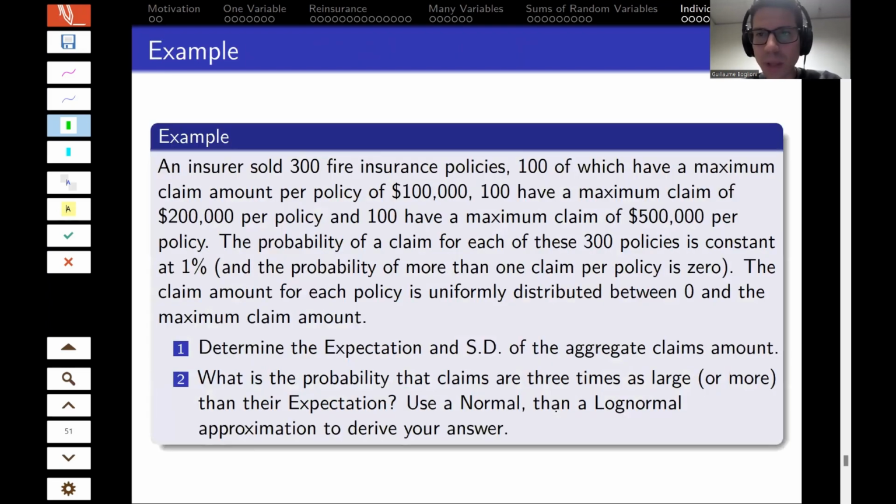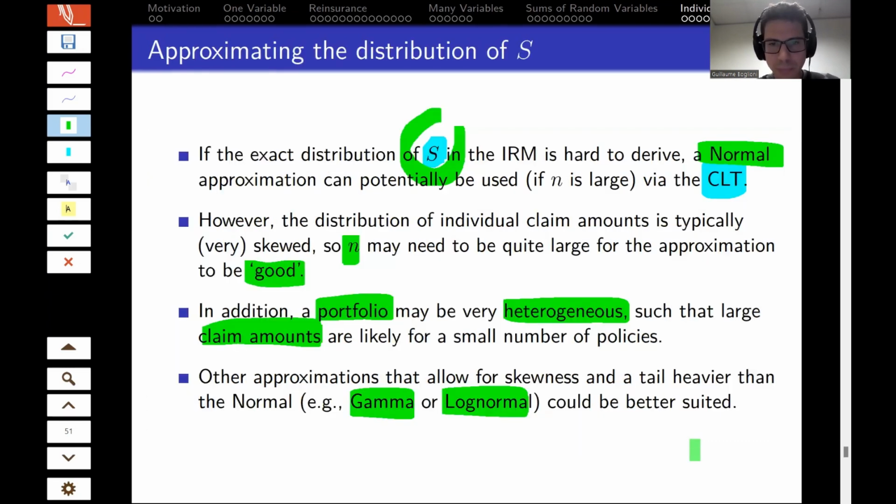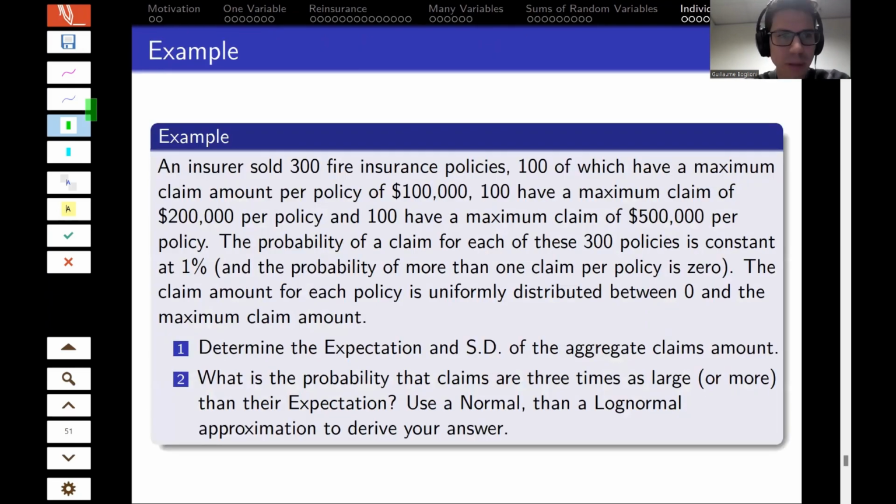Assume there's an insurer that has 300 fire insurance policies, but there's some heterogeneity in the policies. 100 of those have a maximum claim amount of 100K, 100 of those policies have a maximum amount of 200K, and 100 policies have a maximum amount of 500K.